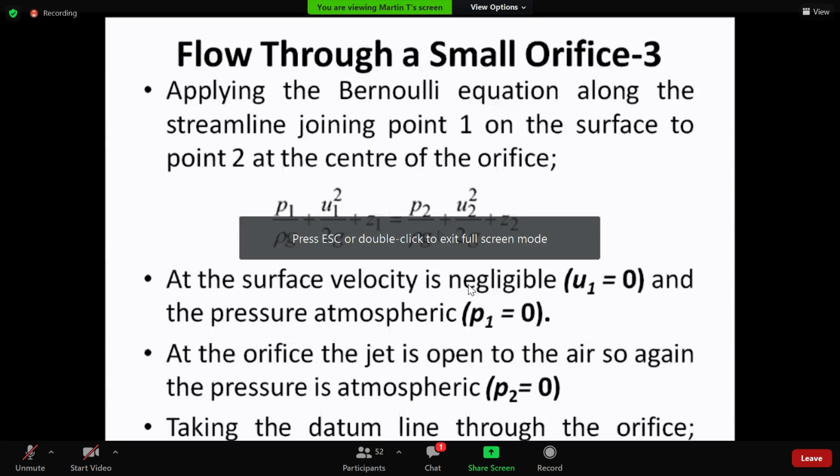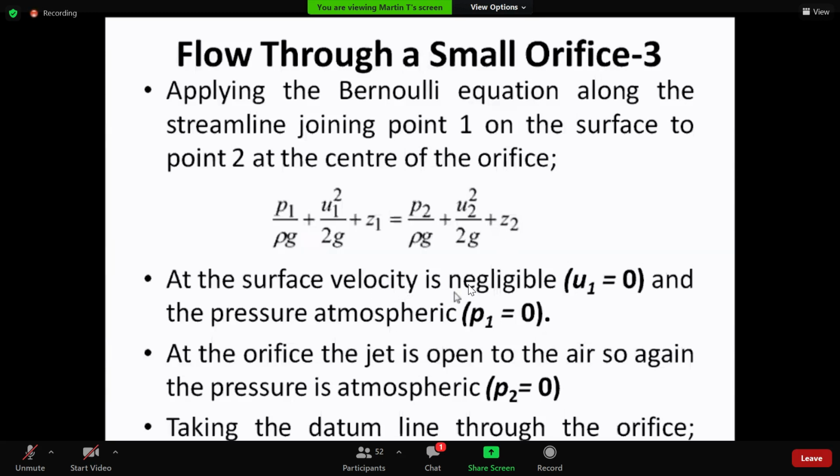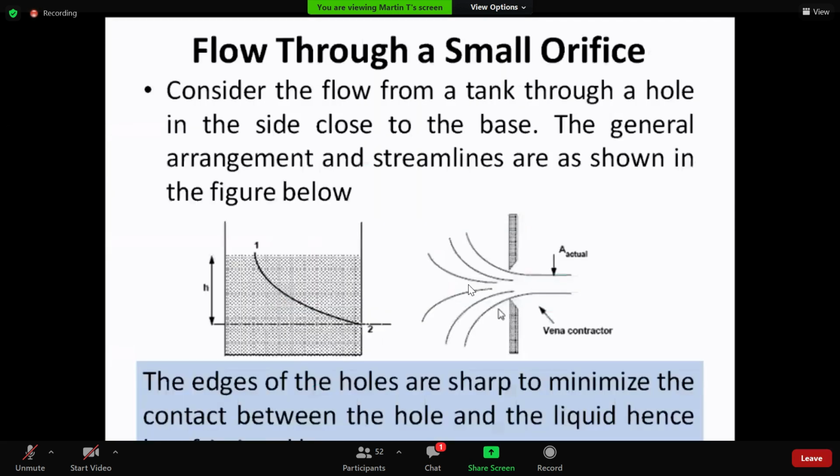Now from this, we can set U1 to 0 because U1 is at the surface of the water, so U1 is approximately 0.